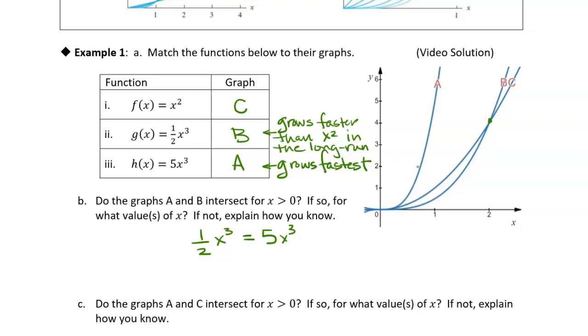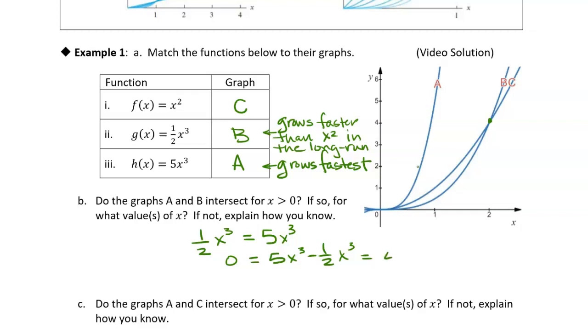Now you might be thinking, I can just divide everything by x cubed, and you can do that as long as x isn't 0. One thing that I'd like to do is subtract 1/2 x cubed from both sides. So I'd have 5x cubed minus 1/2 x cubed, which is essentially 5 minus a half.